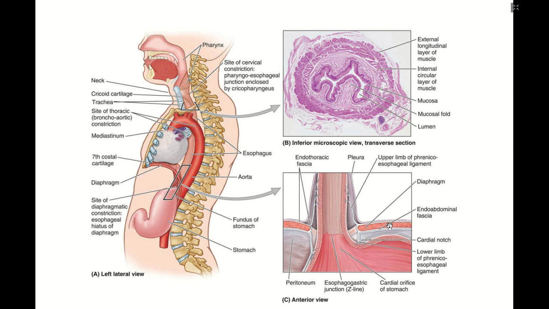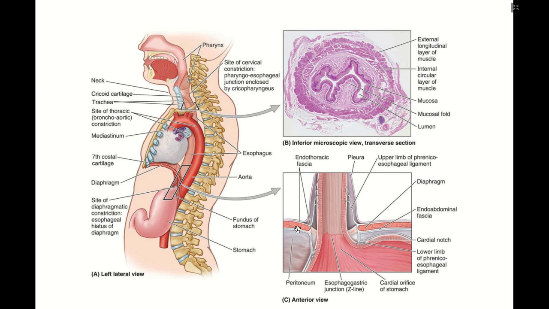And these diaphragmatic fascia condense and attach to the esophagus, forming what we call phrenicoesophageal ligaments. These are very important because they stabilize the esophagus during peristalsis. You understand now? So this is the inferior or lower limb of the phrenicoesophageal ligament, and this is the upper limb of the phrenicoesophageal ligament, which is very important.